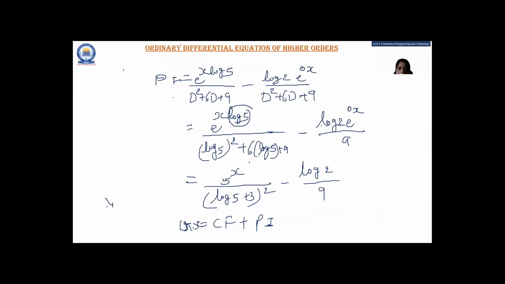Okay. See, this is for homework. Your question is d cube y upon dx cube plus 8y is equal to cos hyperbolic 2x, right? So d cube plus 8 into y is equal to cos hyperbolic 2x. So cos hyperbolic 2x is what, students?